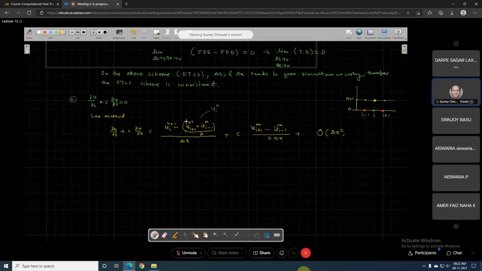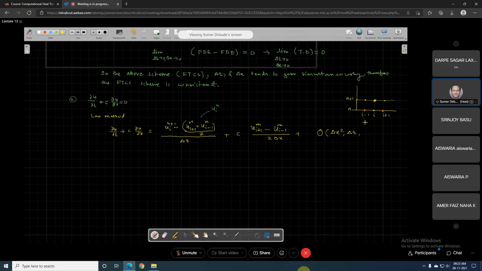Now what about this? Here, if you see, these are at n plus 1 and nth level, so the difference is delta t. This is a first order kind of discretization, so here we would like to get accuracy in delta t. Okay, this is like a forward difference. However, this term, if you see, instead of u I n, is writing u I plus 1 and I minus 1.